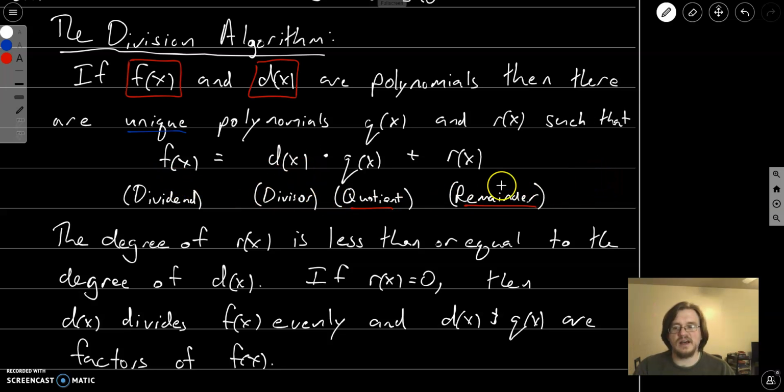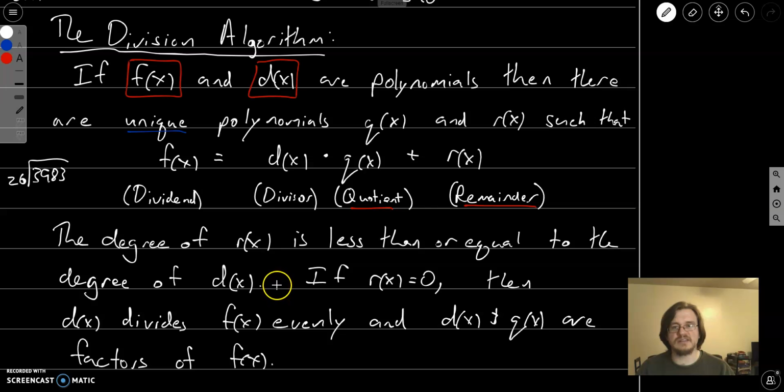So, for instance, if we took our first thing in this chapter, which was we divided 3,983 by 26, the remainder that we got was 5, and 5 is smaller than 26. And it turns out that this is always true. The remainder has to be smaller than the divisor, and in this instance, when we're talking about polynomials, the degree of the remainder has to be less than the degree of the divisor.